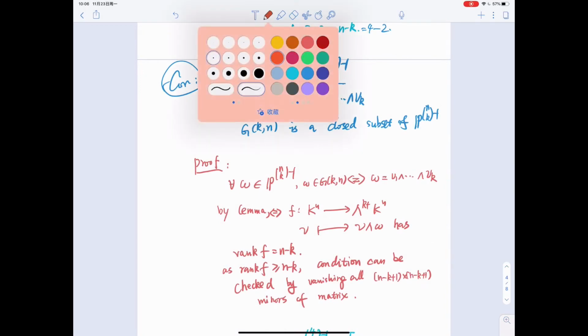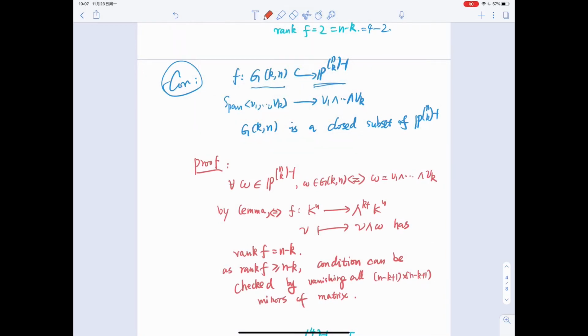As G(n,n) is just a single point, we can assume that k is less than n. Then a point omega in the projective space lies in G(k,n) if and only if omega is the class of this vector.